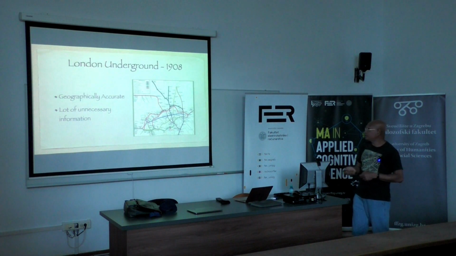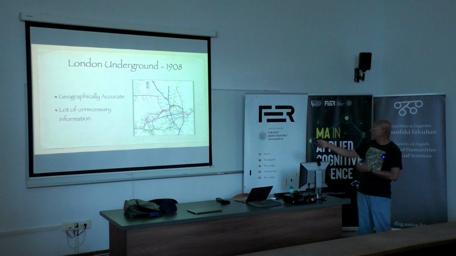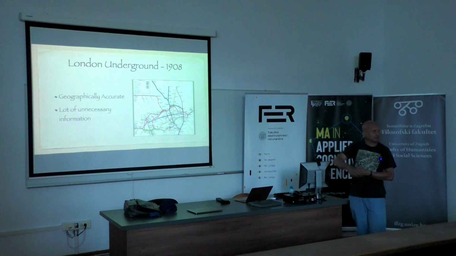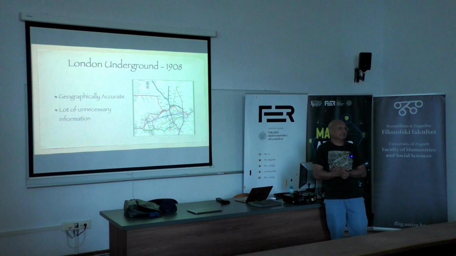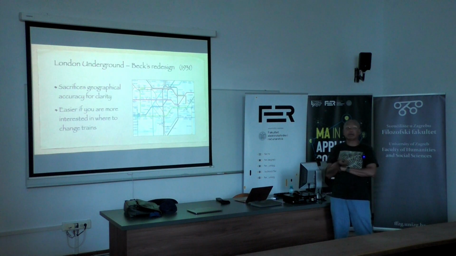This is actually another example from prehistory, which is a London Underground map from 1908, and you can see that what they did was that this is actually a map of London, and they just put the lines on there and then put dots where the stations are. Now, it's geographically accurate but not very useful. And there was a guy, Harry Beck, you can read about him.